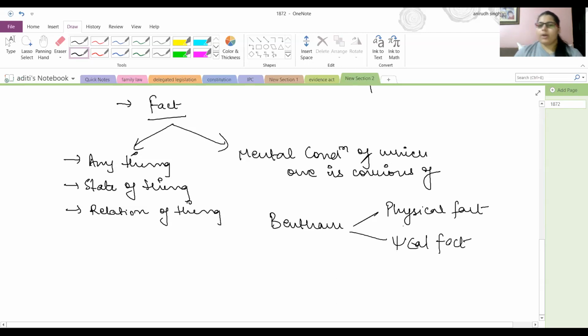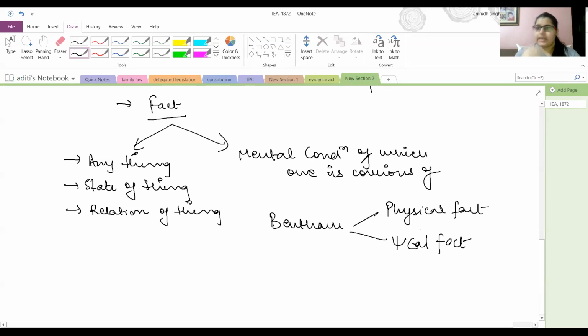So when we talk about physical fact and psychological fact, see, physical facts are those facts which can be touched, which can be felt, which can be seen. Like, for example, if a particular thing is placed at a particular place at a particular point of time, this will be considered as a physical fact.